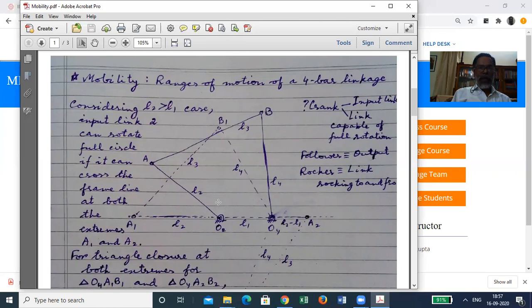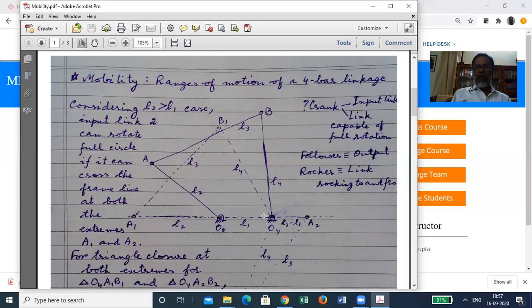And now the way the diagram has been made, and this discussion proceeds, the length of the link 1 has been taken as less than length of link 2. That is why on this side the crossing is obvious. Because of L1 being less than L2, the other crossing at A2 is beyond.